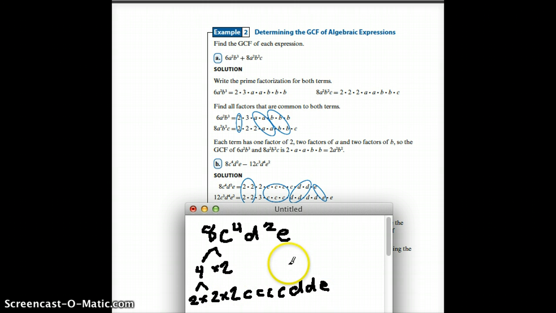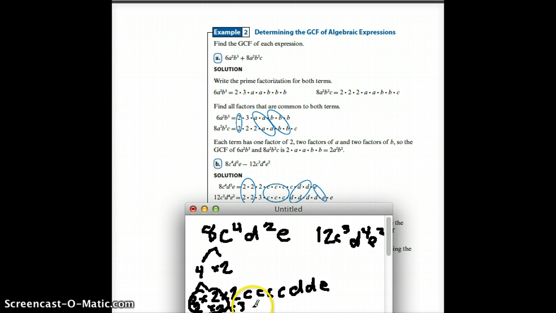Then you would do that for the other one, for the 12c to the 3rd, d to the 4th, e squared. Well, 12 is just 2 times 2 times 3. That's why they have these circled here.